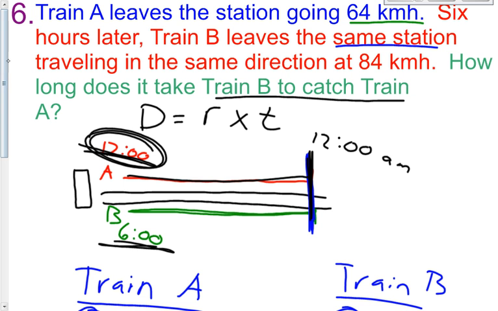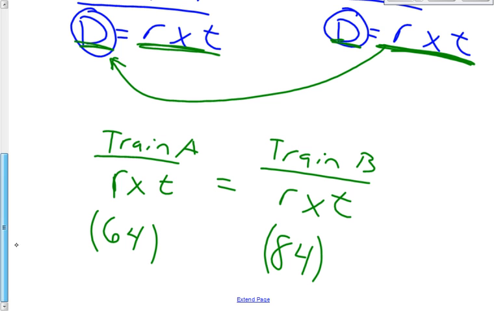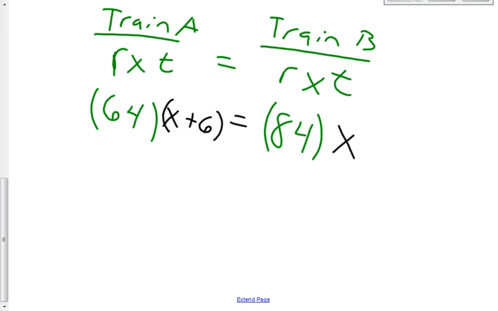So because we don't know what the time is, we're going to say train B traveled for X amount of hours. So it's rate times time, it's 84 times X. If train B traveled X amount of time, then A would be that X plus 6 more hours. It traveled 6 more hours than train B as far as time is concerned. So instead of X, it would be X plus 6. And so now all we have to do is solve for X, and we get our answer.